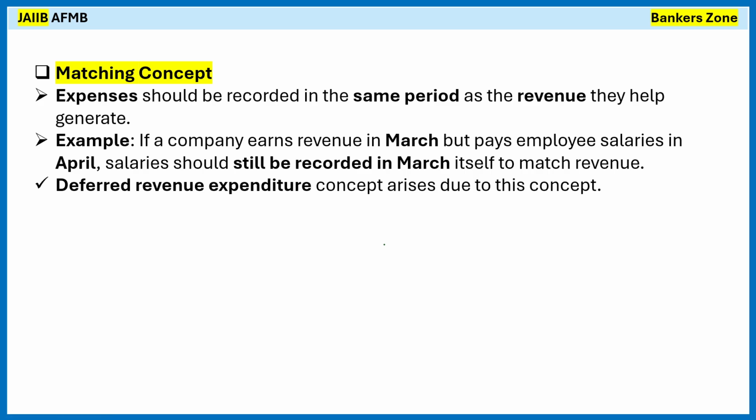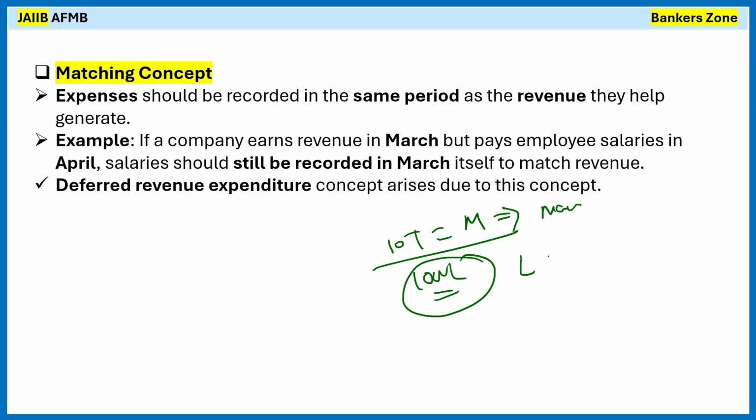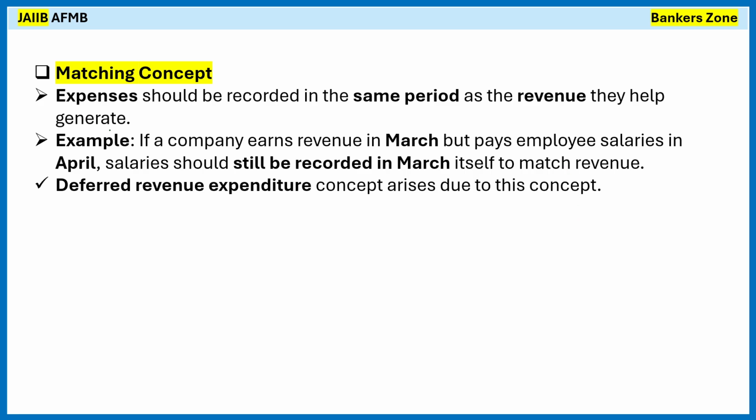For example, I have spent 10,000 rupees on marketing in the month of March, and in March I earn, say, 1 lakh rupees. Against that 1 lakh rupees of earnings, I have to mark the 10,000 spent on marketing in the same month. That means whatever expenses we incur in a period, and whatever earnings we get in that period, should be marked in the same period.